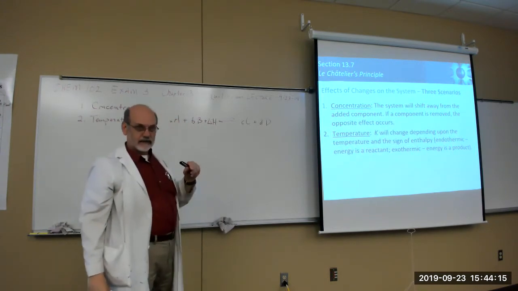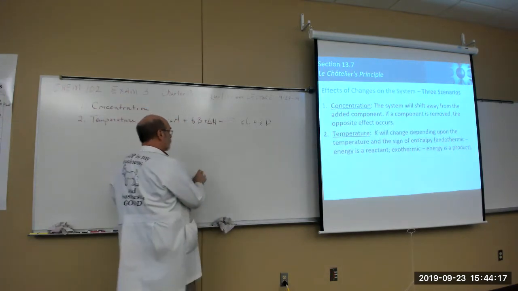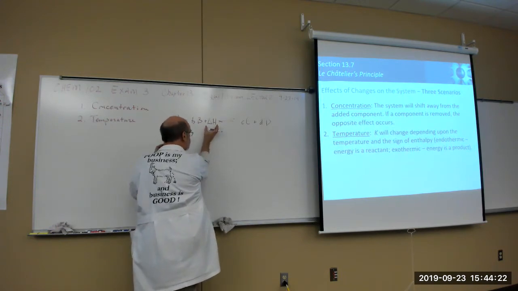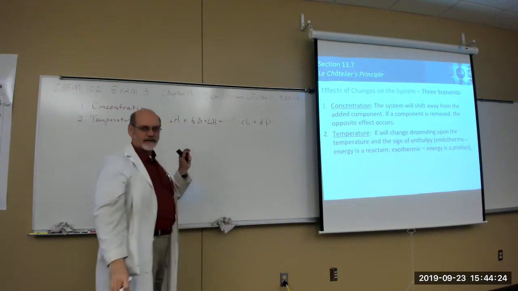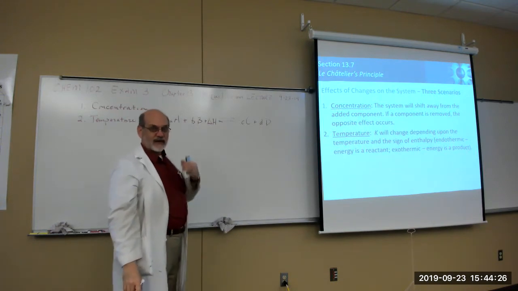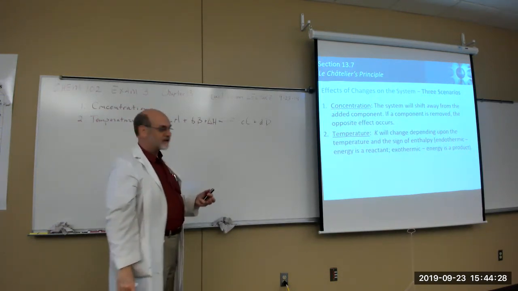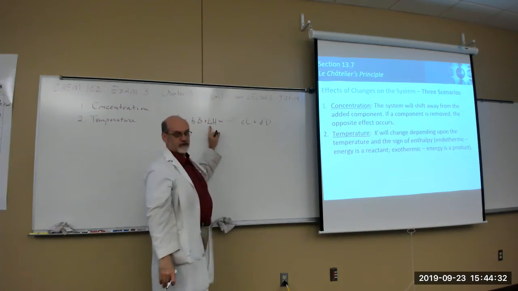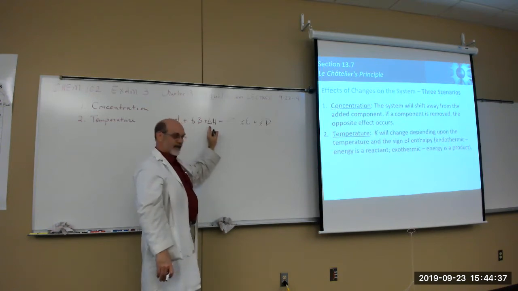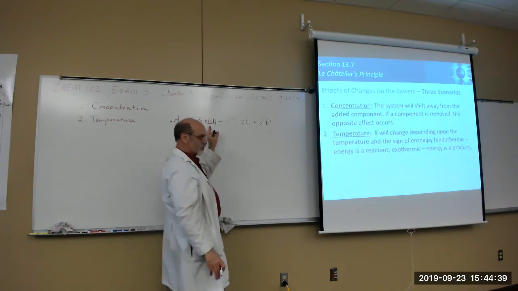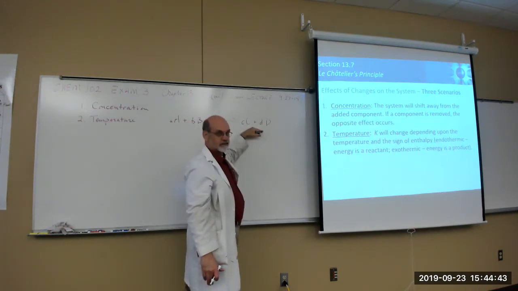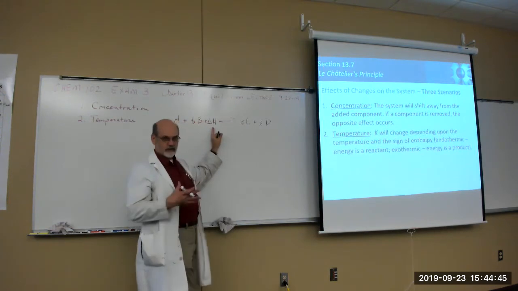If you write it like this, then that means heat is a reactant. So if you add reactant, you're going to get product. So if it's at equilibrium and you increase the temperature, you're adding a reactant. And in endothermic reactions, when you raise the temperature, they go toward product, because heat is considered a reactant.